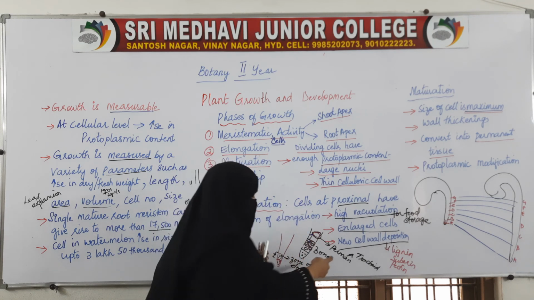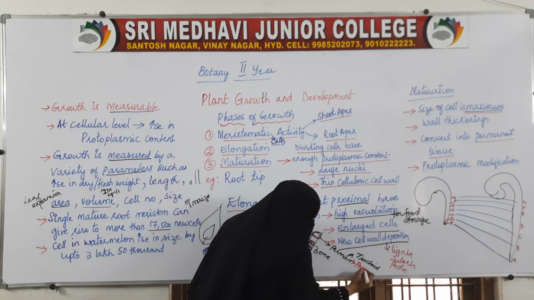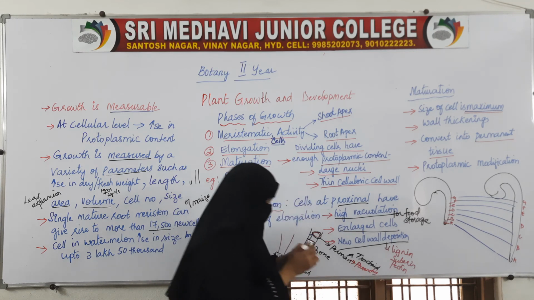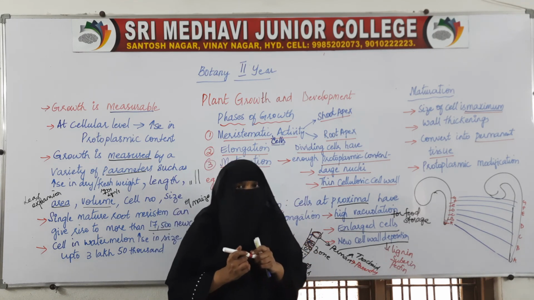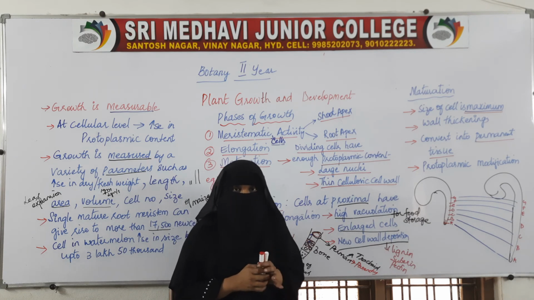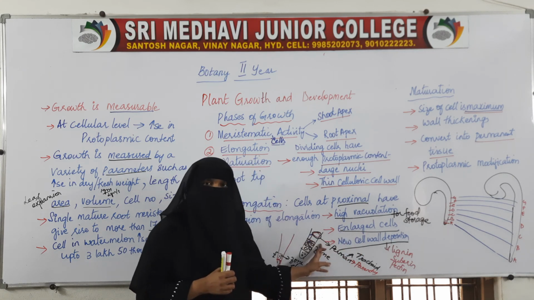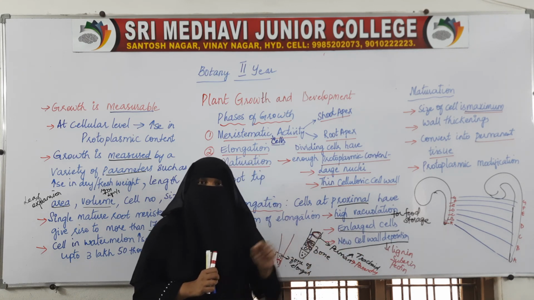For example, if this cell changed into parenchyma instead of trachea: parenchyma is a living permanent tissue. It needs protoplasmic content, so the protoplasmic content will remain as it is because the cell needs it.